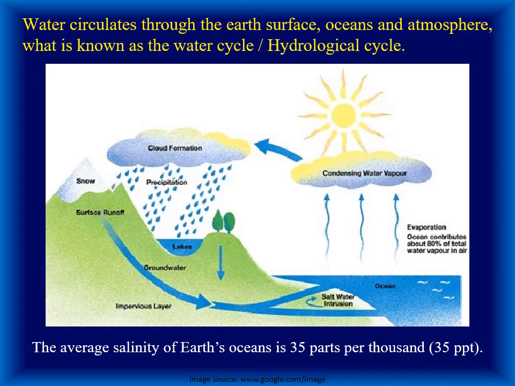Now, some of the water flows over the surface, which we know as surface runoff, and some of the precipitated water goes below the surface, that is, it infiltrates into the pore spaces of the soil and underground rocks, and that underground water moves along the pore spaces of the sediments or the rocks towards downslope areas, which is known as groundwater.